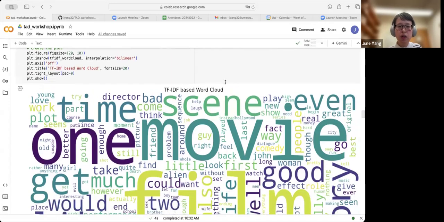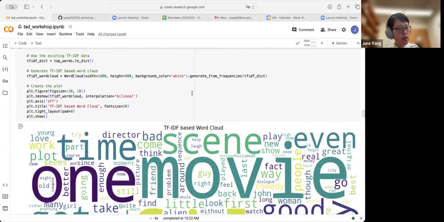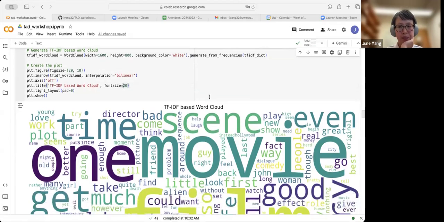So if you want more words to be included in this word cloud picture, you can adjust the size of your picture and also the font size of the word, so that more or fewer words will be presented.